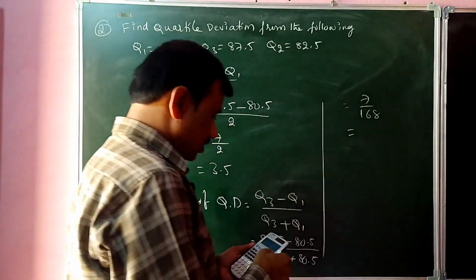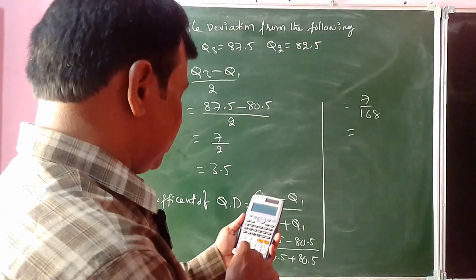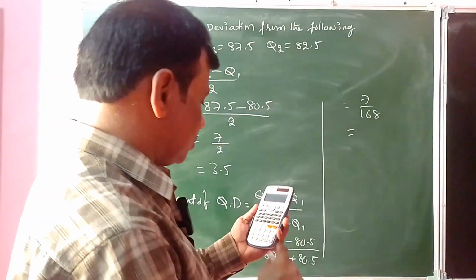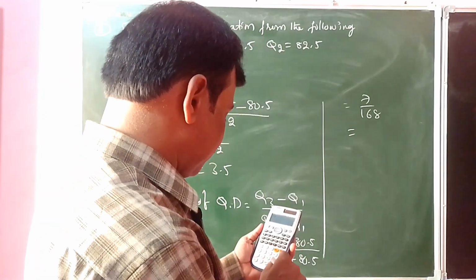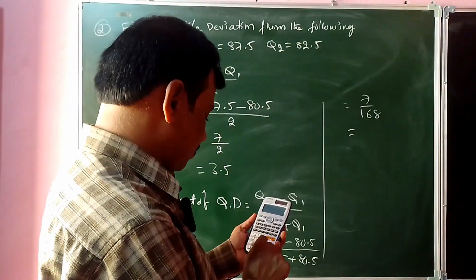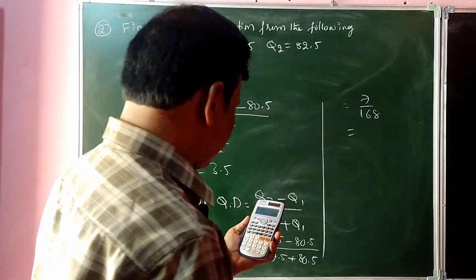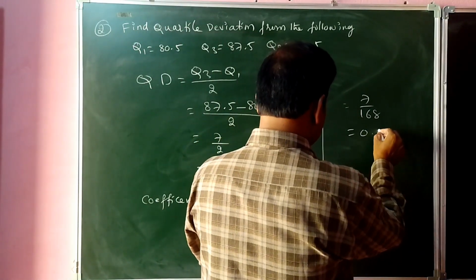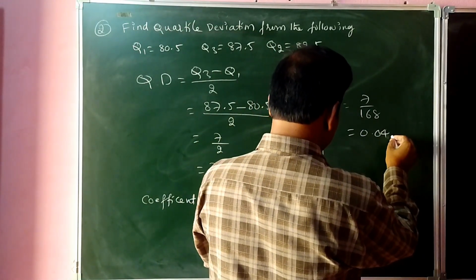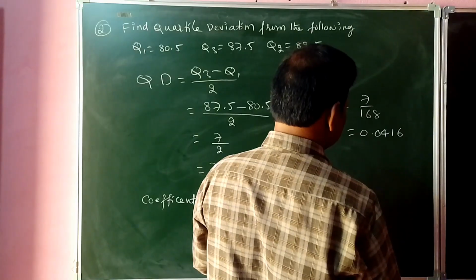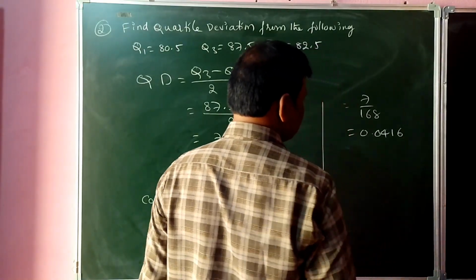So finally the answer is 7 divided by 168, which is 0.0416. That is the answer.